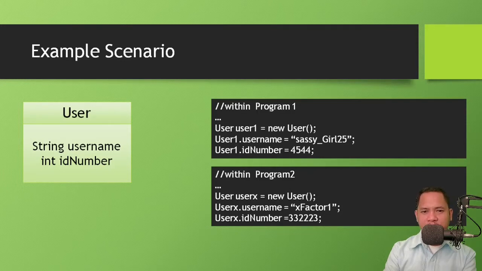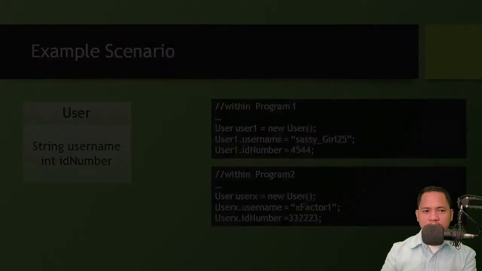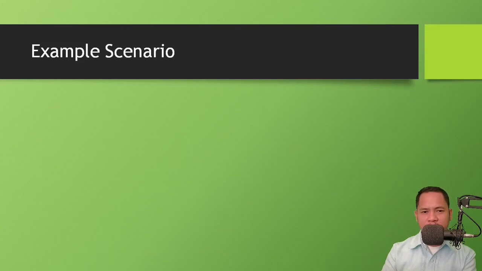We want a username to not have underscores or other special characters. If that's the case, we can never impose such rules on a public property like this one. And that is why we make accessors and mutators.